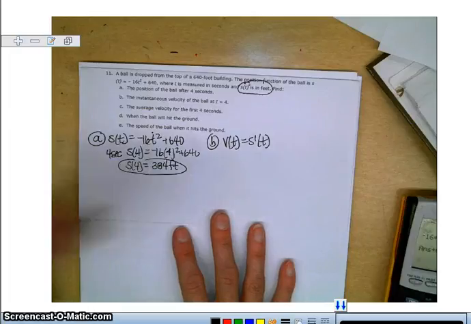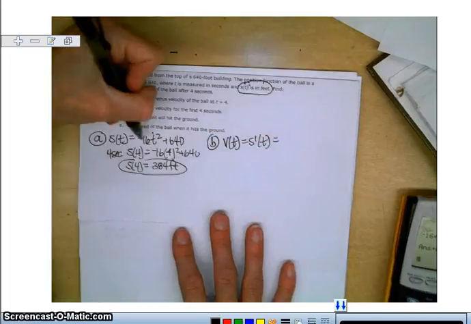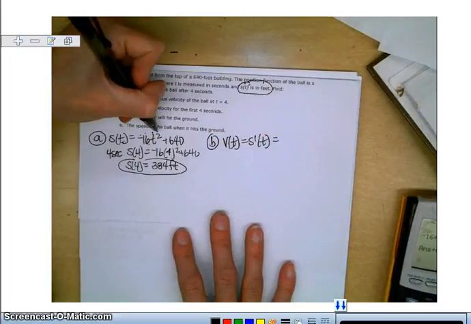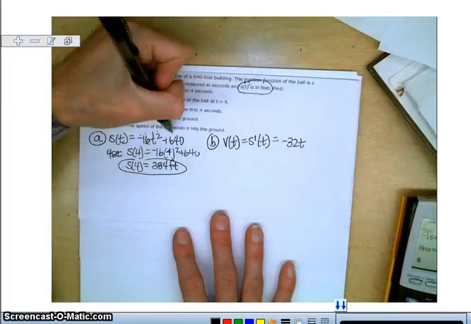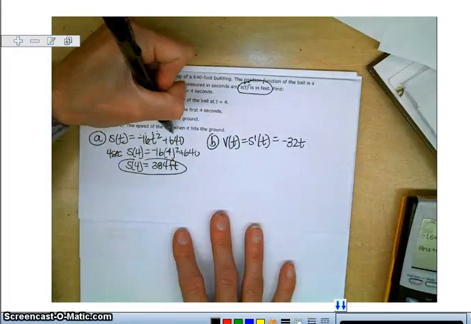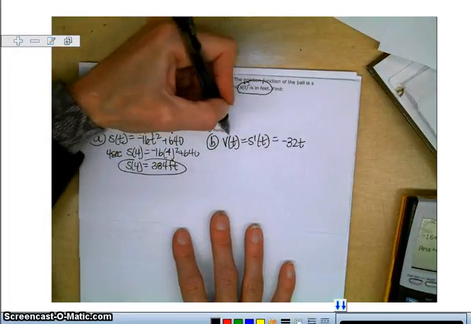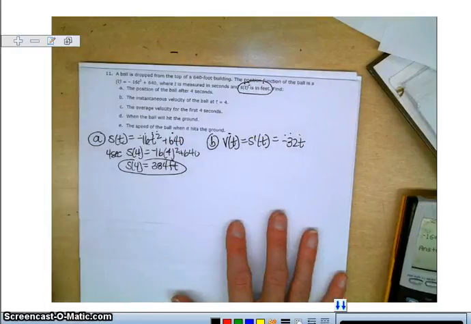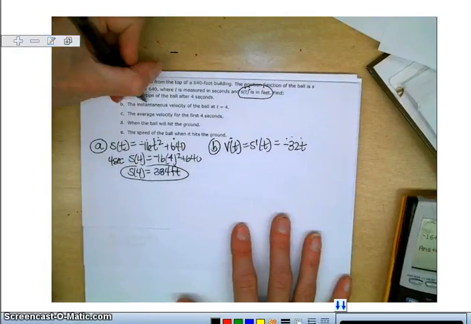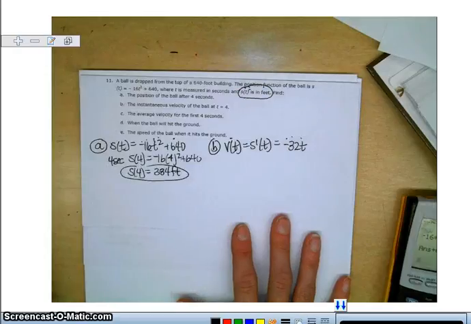Okay, so what's the derivative of the position function? What's the derivative of negative 16t squared? Negative 32t, and the derivative of 640? 0. So the instantaneous velocity function is negative 32t. But it says what is the instantaneous velocity at t equals 4. So what do I do now?